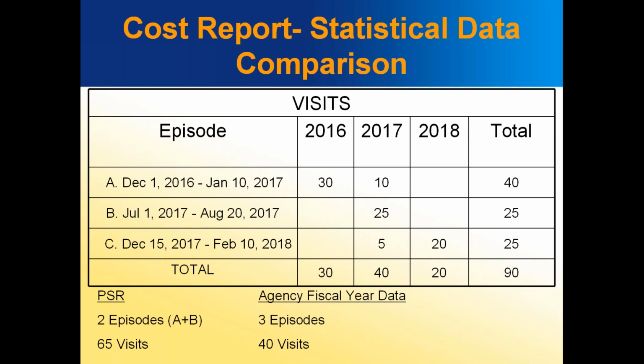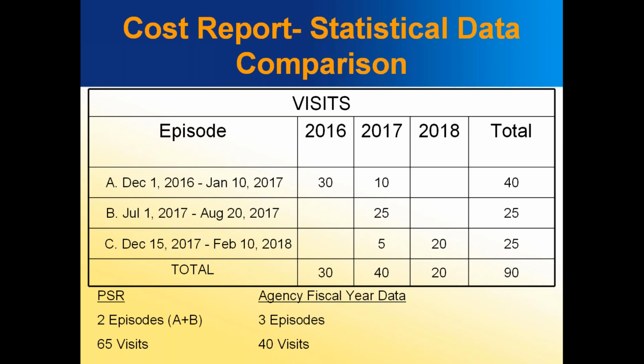Episode B occurred completely in 2017, so all of those visits are reported under 17. And then example C started in 17 and ended in 18. So you see that there's 5 visits that occurred in 2017 and 20 visits that occurred in 2018.